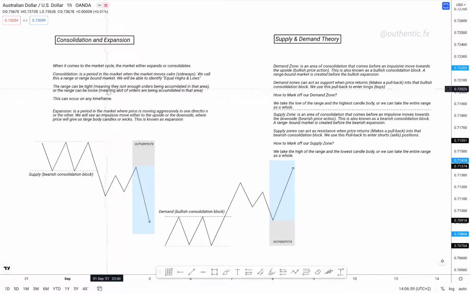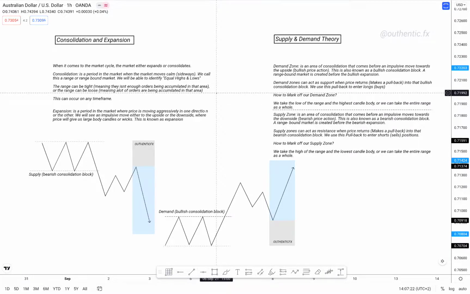The range can be tight, meaning that there isn't enough orders being accumulated in this area. So the smaller the consolidation or range is, the less accumulation of orders are being put into that specific area. Or the range can be loose, meaning a lot of orders are being accumulated in that area, guys. So the bigger the area is, the more money is being dumped into it.